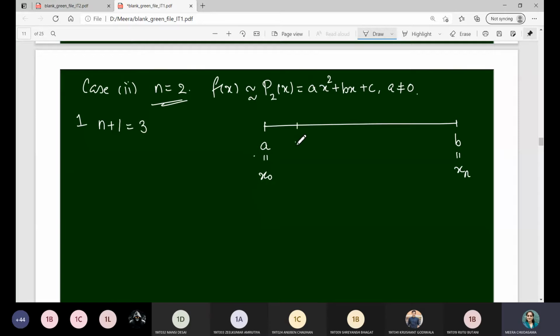That means the first one is x0, next one is x1 and x2. So now our subinterval will be consisting of x0 to x2. That is the 3 points x0, x1, x2, where x1 is the midpoint of x0 and x2, right?